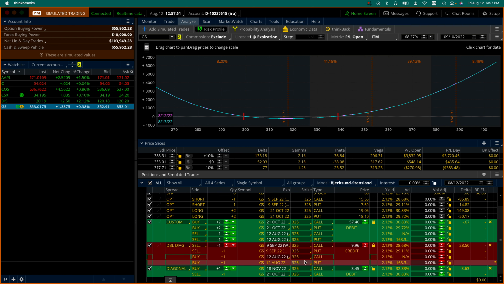And let's put 350, and it needs to be the same expiration, and that's going to give me $17.10. That's $1,710. That's cash that I get back into my account, and you can see the delta becomes 7.50.